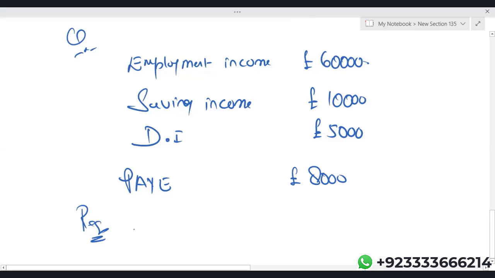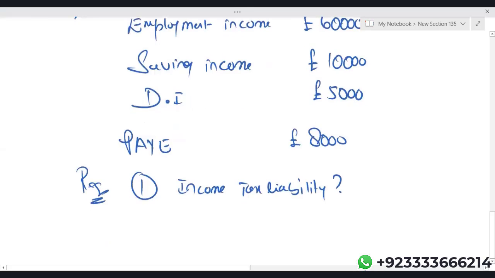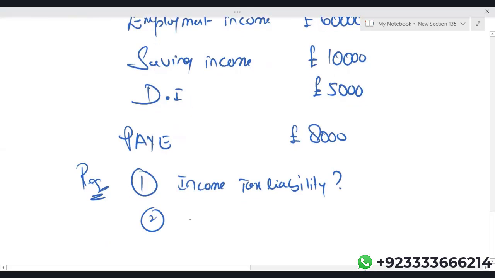Required: number one, income tax liability; the second, income tax payable.